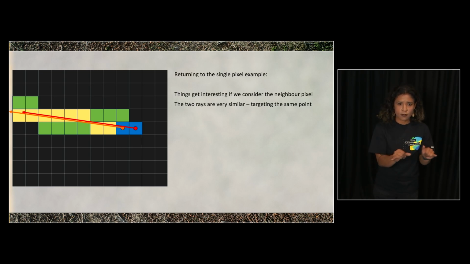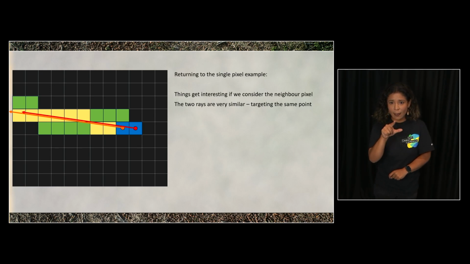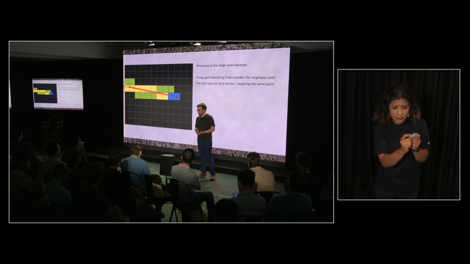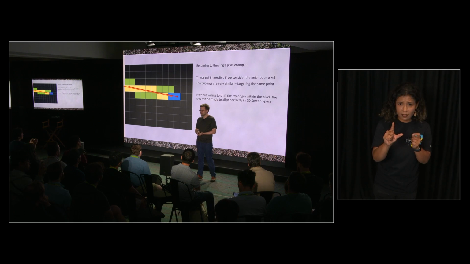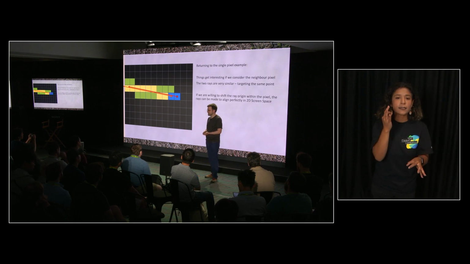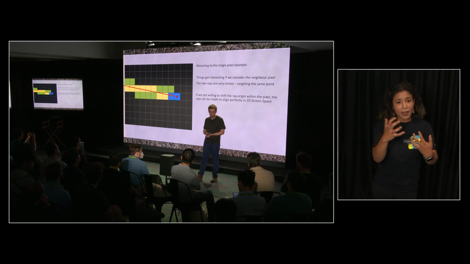So if we were willing to make a very, very simple compromise, that compromise being shifting the starting of the sampling point slightly within the pixel, well, we can do something very, very simple, and that is we can move the rays to match. And that means that the sampling locations between these 2 pixels are going to precisely match.